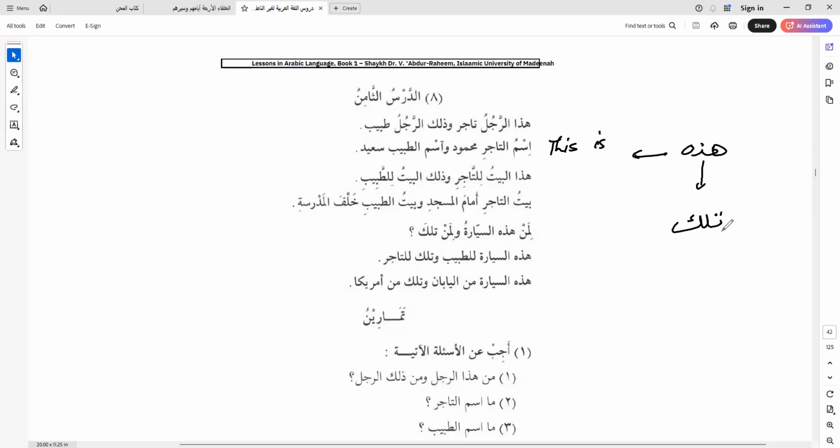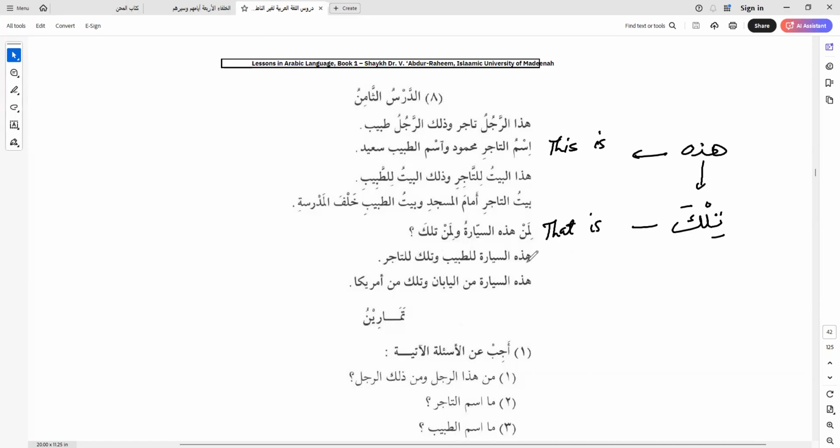Tilka is "that is," and tilka is used for singular feminine objects that are far.